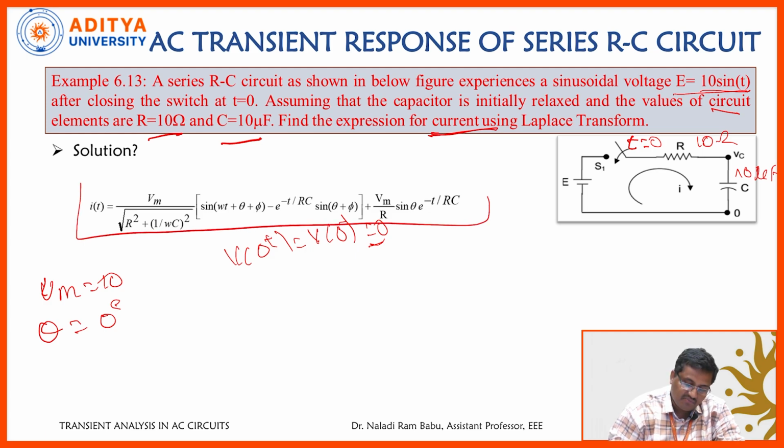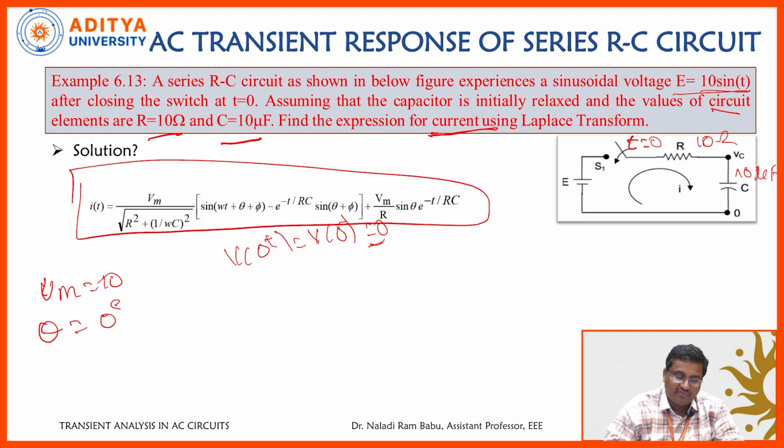From the derivation which you have made, this is the final value of the current I of t. Now I am going to substitute all the values in the circuit. Theta is 0, and R and C are given, so from that we can calculate the value of phi. Tan phi is opposite by adjacent.